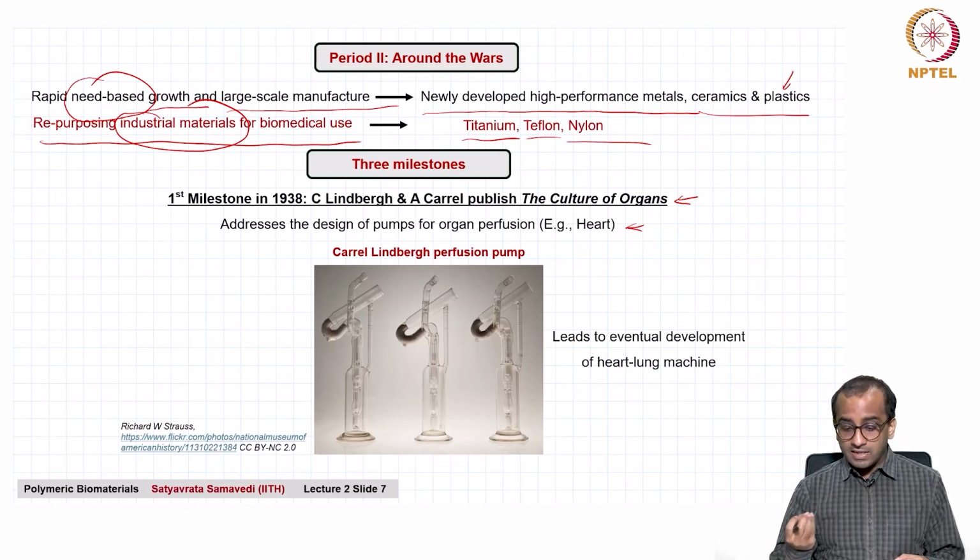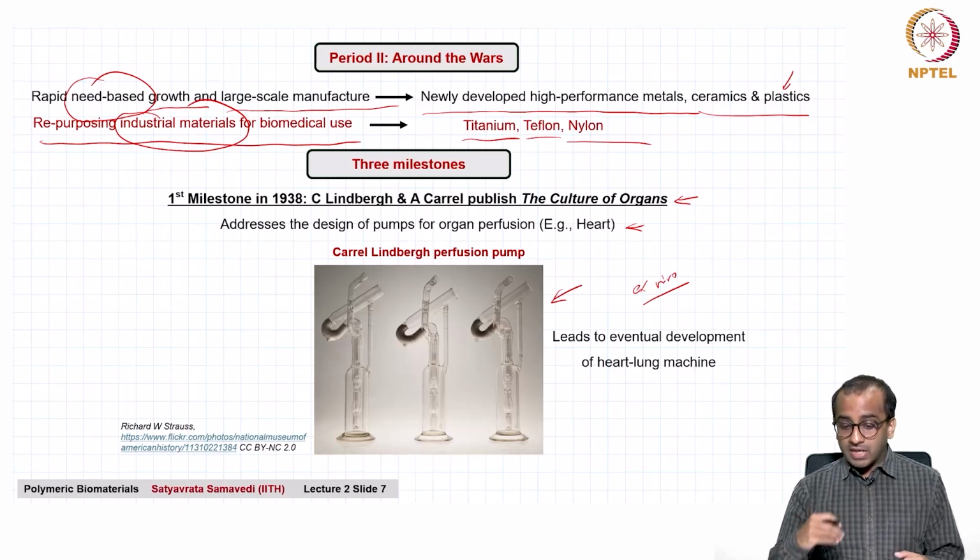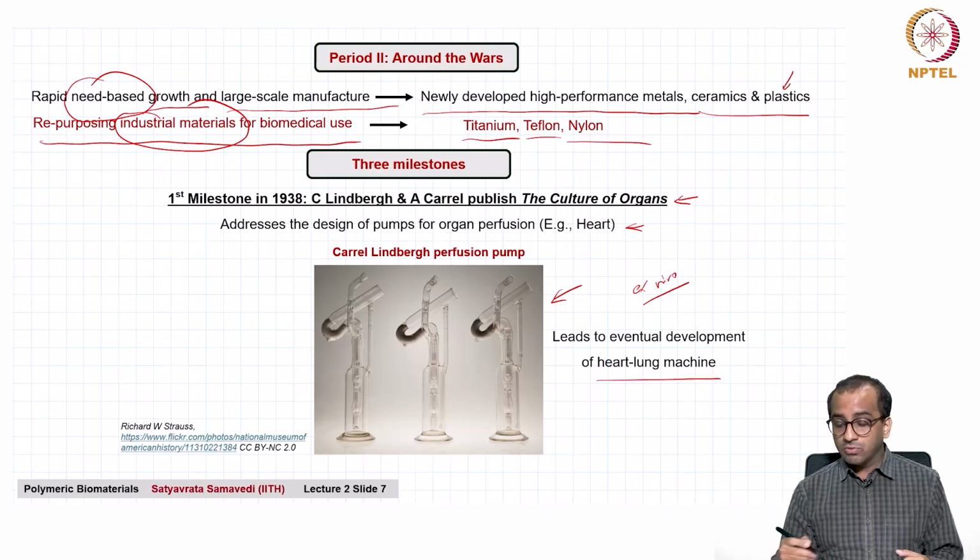So, the idea is to use a device such as this, which is simply a Pyrex glass based device that can now help perfuse organs outside the body, or what we would call ex vivo. So, removing the organs outside the body, how do you keep them alive? And the Carroll-Lindbergh perfusion pump was the precursor to that idea that eventually led to what we would today call the heart-lung machine.